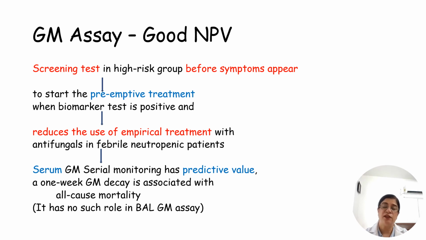Besides this, it also has a predictive value when serially tested in serum samples. So a rise of more than or equal to 0.25 after 1 week of a baseline titer predicts a poor outcome.